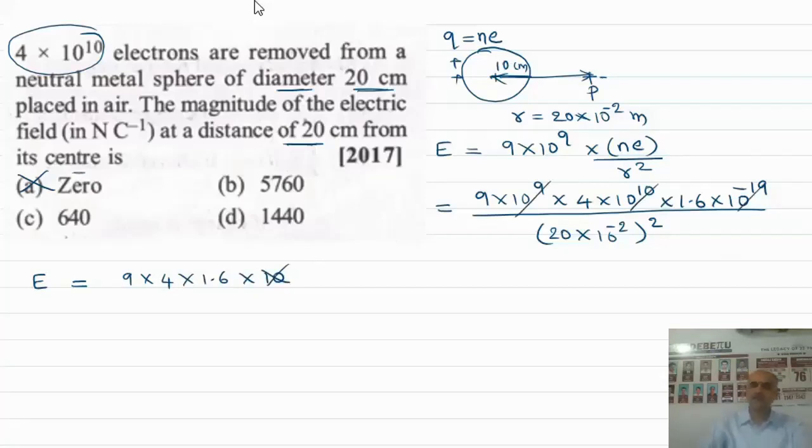Squaring it, 2 square is 4, and 10 raised to minus 1 squared is 10 raised to minus 2. So 4 gets cancelled. Now you can directly say 16 nines are 144. So option D will be the answer.